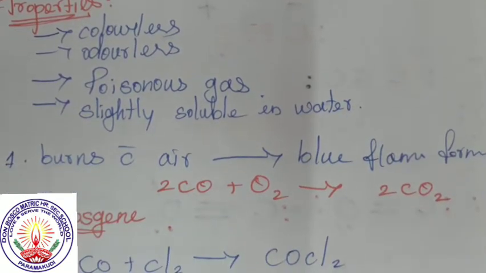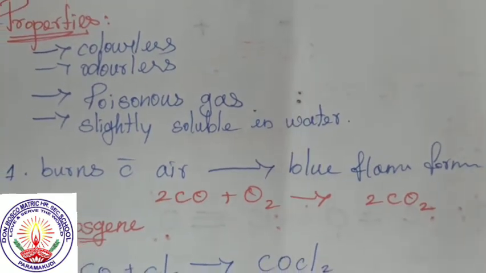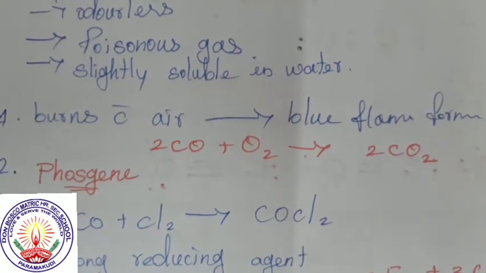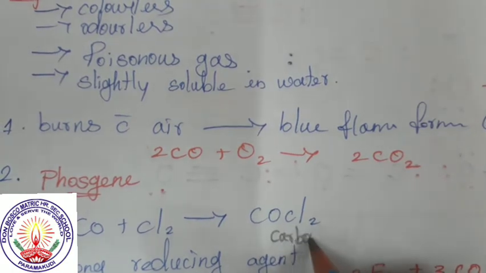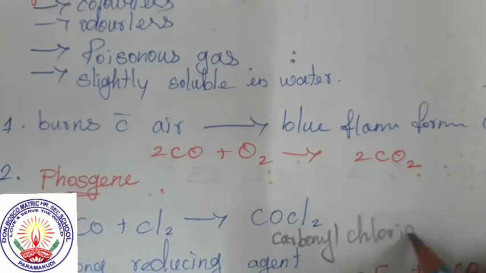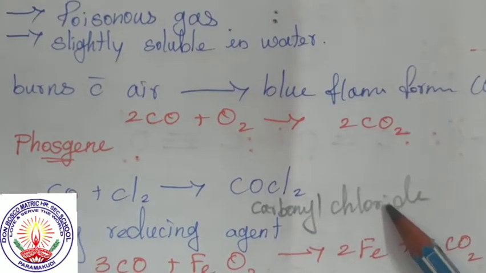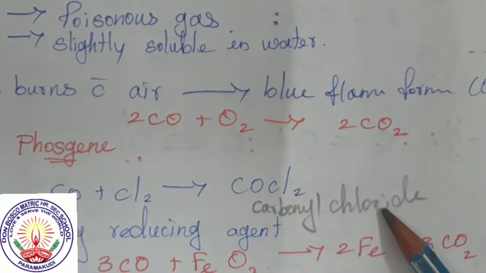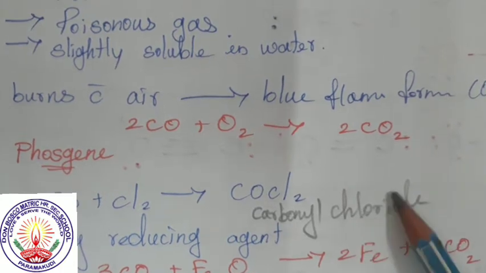The phosgene is nothing but when this carbon monoxide is treated with chlorine, it forms carbonyl chloride, and this carbonyl chloride is used in preparation of isocyanide. We know cyanide is poisonous, it is toxic.